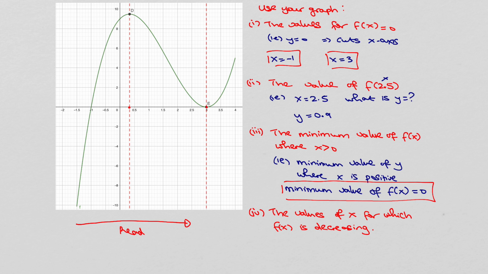So we would say approximately 0.3 and 3. So at 0.3 and 3 it is neither increasing nor decreasing. But once I go beyond 0.3 and before 3, it is decreasing. So we would say 0.3 is less than x, less than 3.